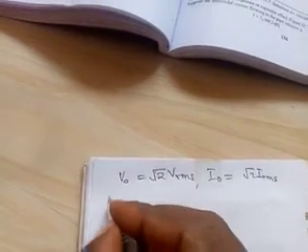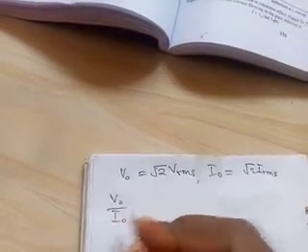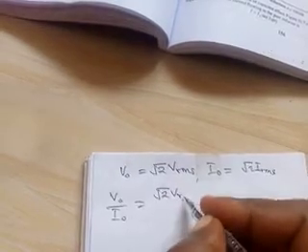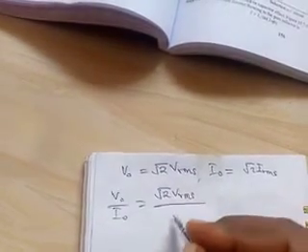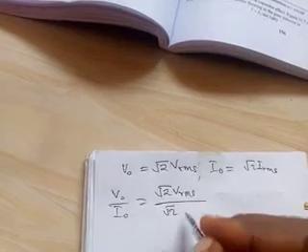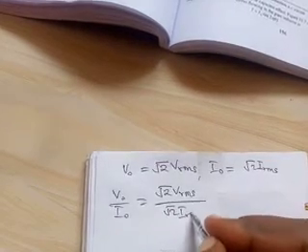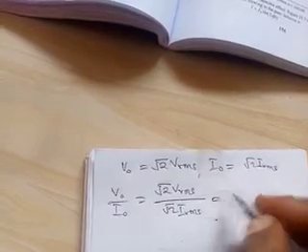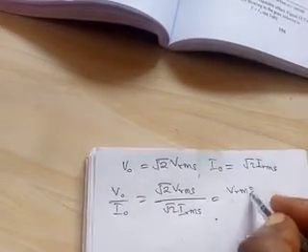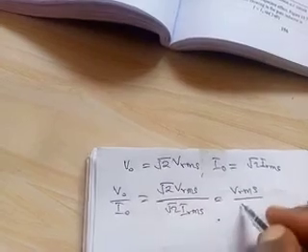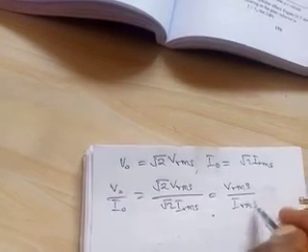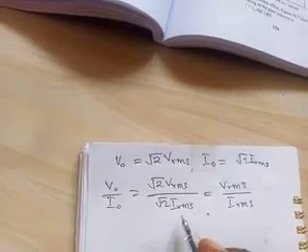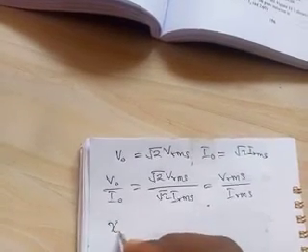We can replace V naught over I naught, that's peak, with root 2 VRMS over root 2 IRMS, which is equal to VRMS over IRMS, because the root 2 cancels out. So this ratio is known as reactance.